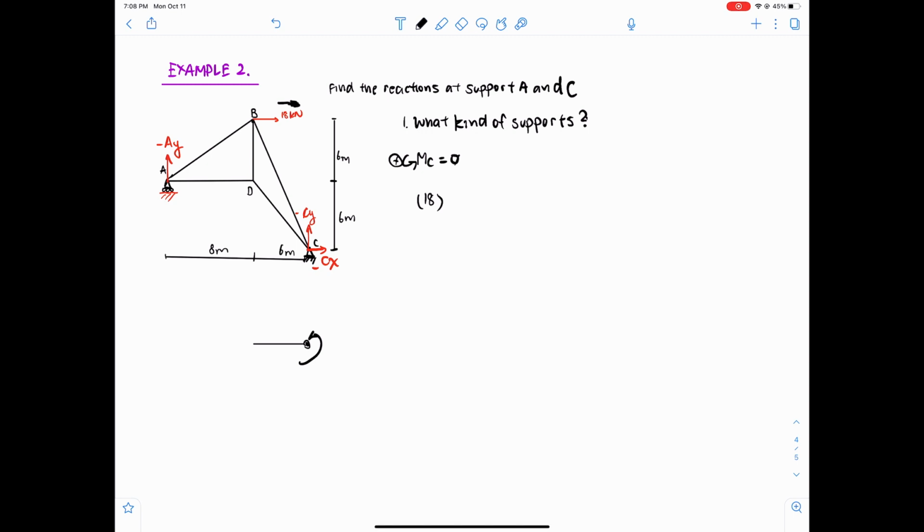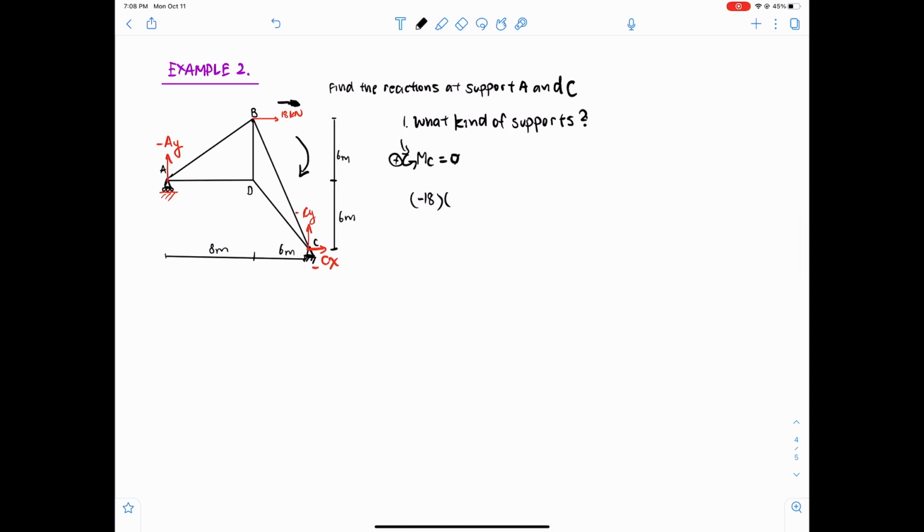So imagine pulling on this, and it spins the entire thing this way, right? And since we defined counterclockwise as being positive, if this 18 kilonewton force spins it clockwise, therefore it is negative, all right? And when you're doing moments, be sure to always keep this convention in mind. It will be very useful later on when the problems get more confusing and you have a lot more forces.